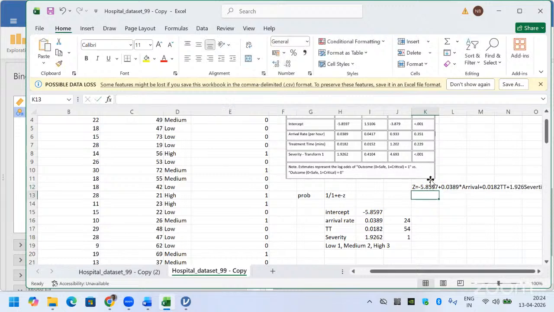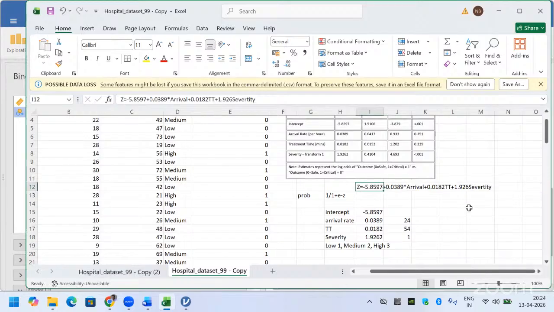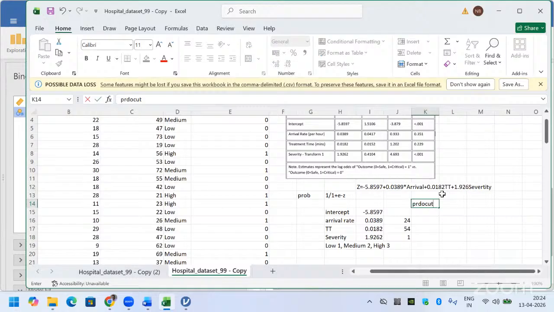Now I need to fit the logistic regression equation with this data. As usual, as in the last case, I'm just mentioning the product here. So this is equal to this multiplied by this, and this is equal to this multiplied by this, and so on.